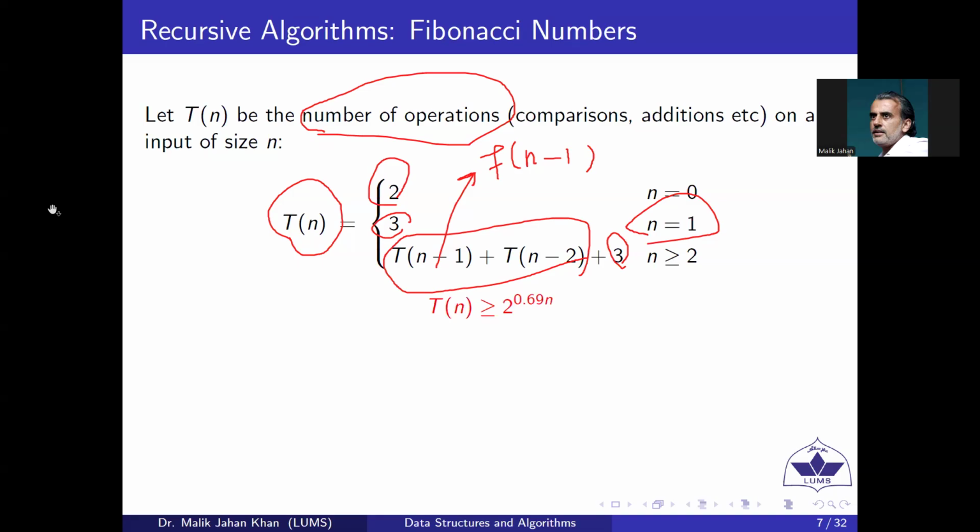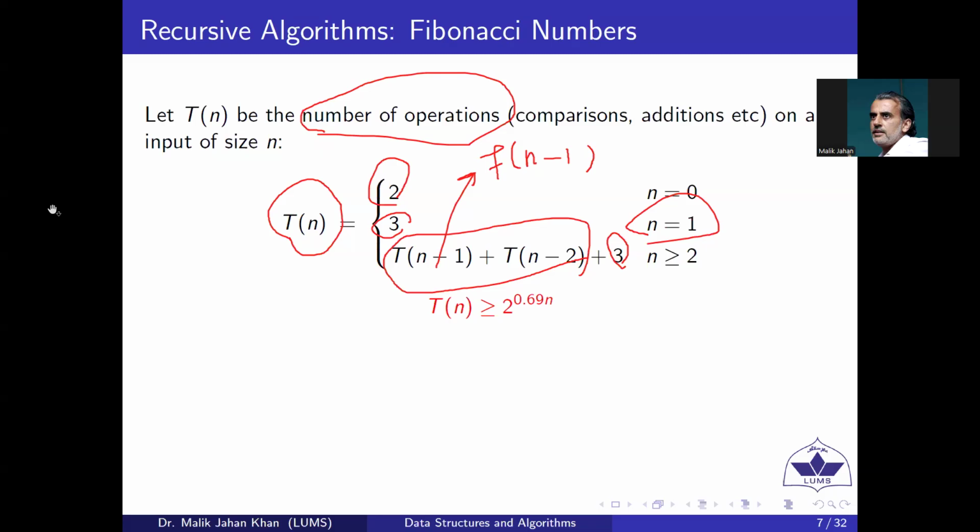I'm not expecting you to solve this all at once, but if you have taken a discrete math course, which some of you shared that you had taken in your previous semester, you can use your basic knowledge of recurrences and try to solve this recurrence.